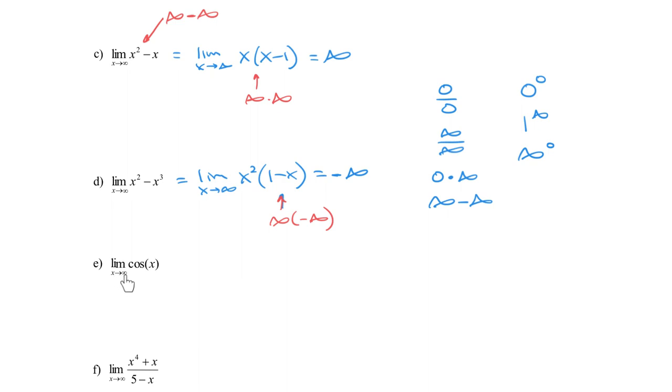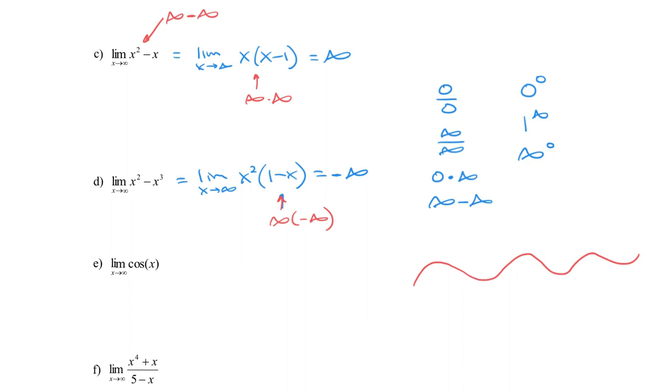The limit as x approaches infinity of cosine of x. Now, cosine of x, we know what that does. Cosine of x just does this forever, right? It oscillates forever. So as you go further out to infinity, nothing changes. It keeps on oscillating. And the key is it never approaches any one number.